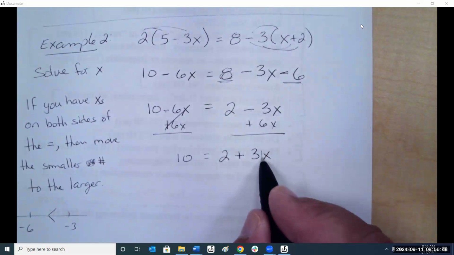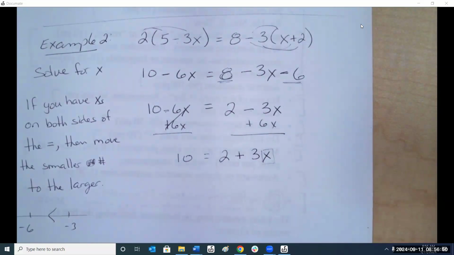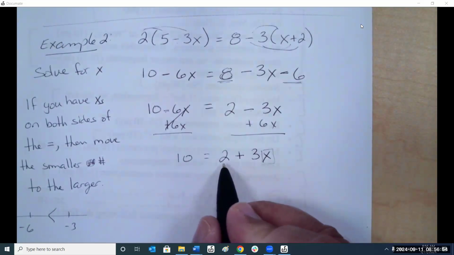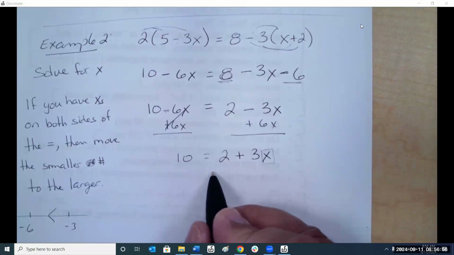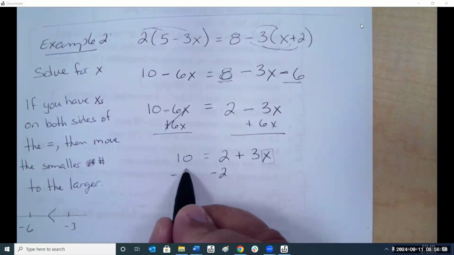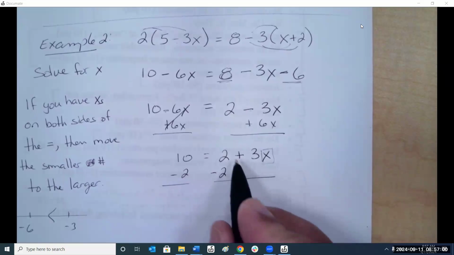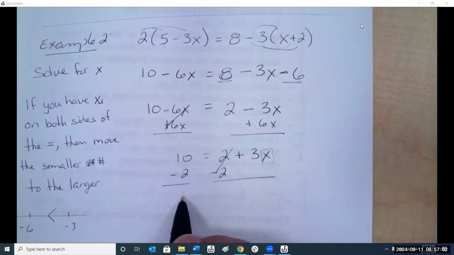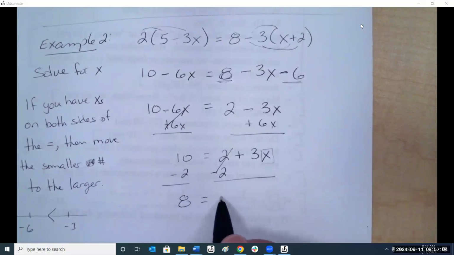Once you have all the variables to one side, everything else goes to the other side. This one does not have an x, so it's got to go. It's a +2, so I subtract 2. 10 minus 2 is 8.